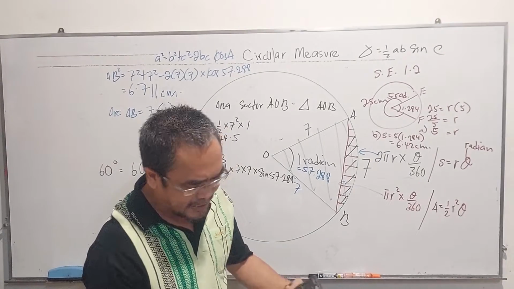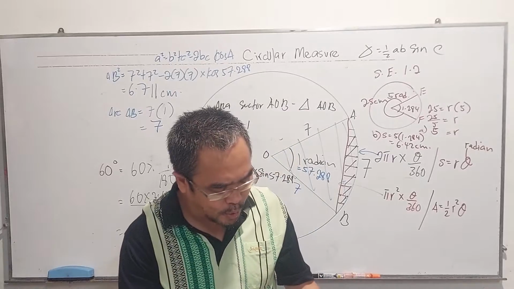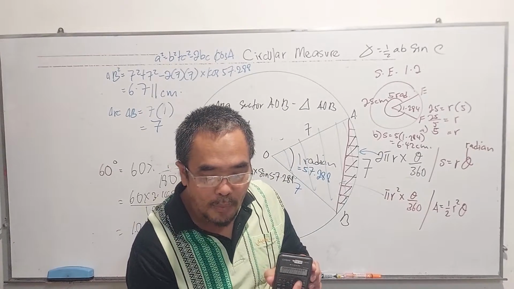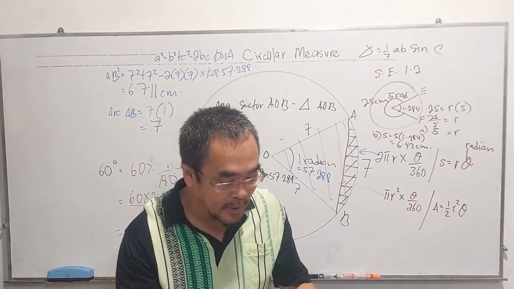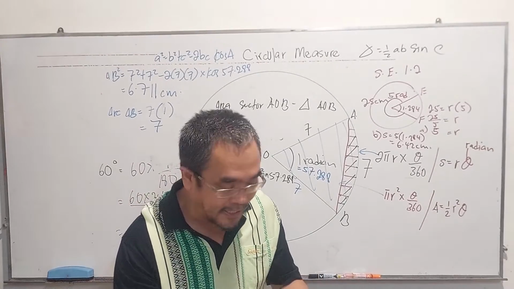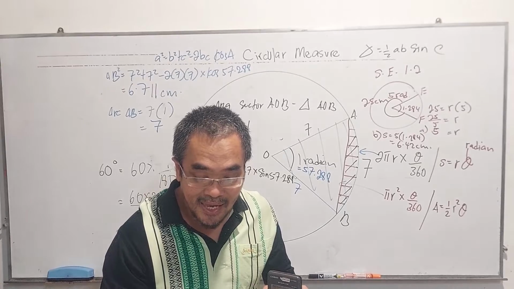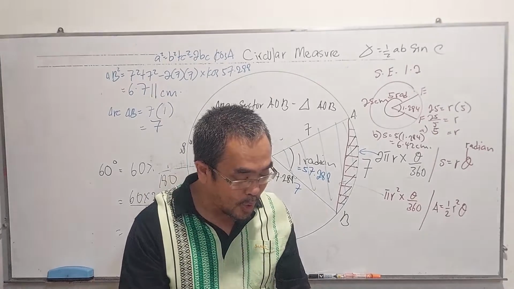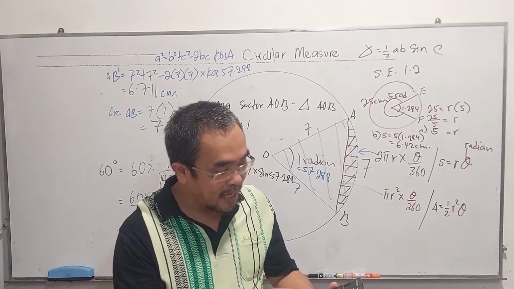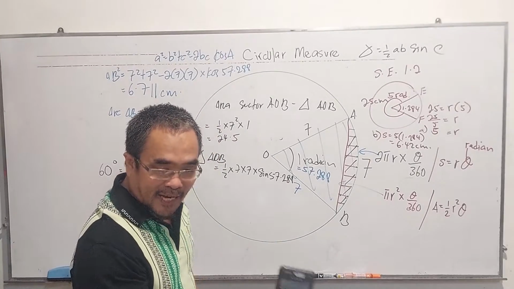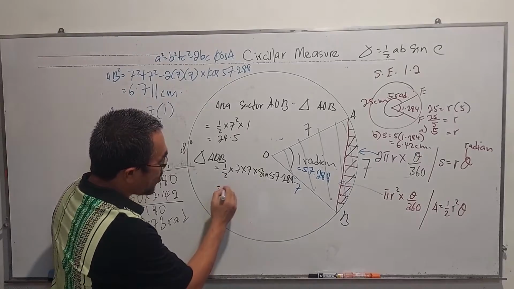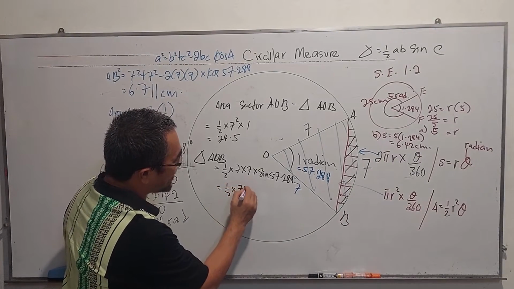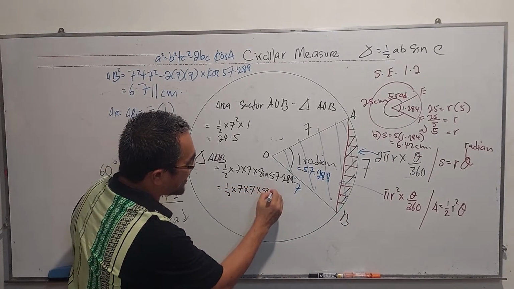There is a setting on the calculator. Let me show you. You press mode again. They come up with DEG RAD GRA. So you choose 2 for radian. Let's say the calculator setting is in radian, then you can use the same thing, 1 over 2 times 7 times 7 times sine 1.